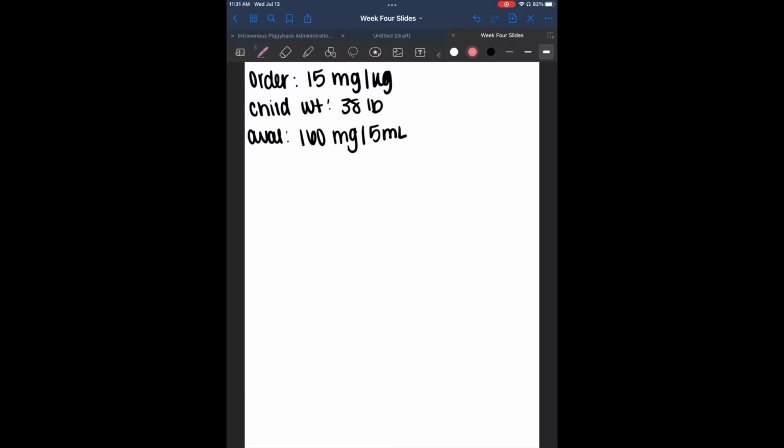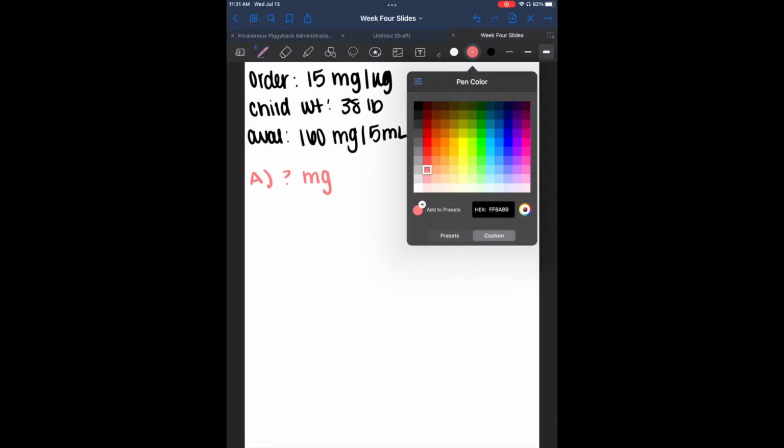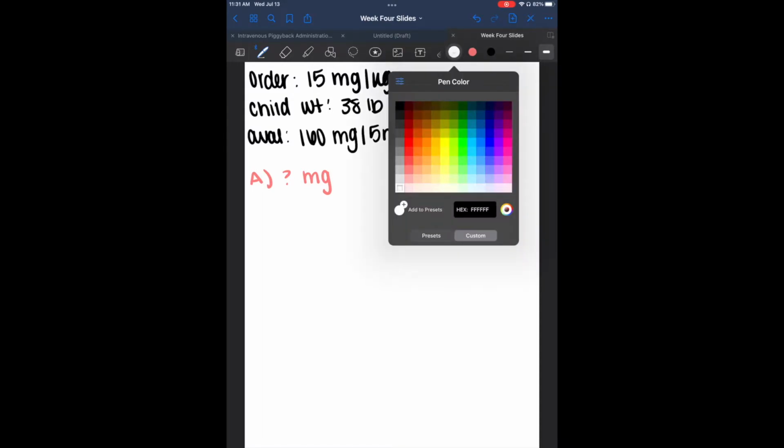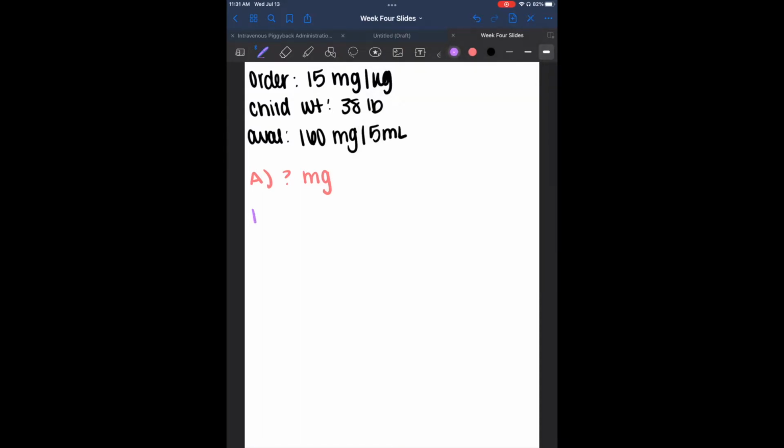Now, you want to know how many milligrams the child's going to get, and we want to know how many milliliters we're going to give this child. So starting with A, let's do our work here. Okay, so our work for A is going to be here.